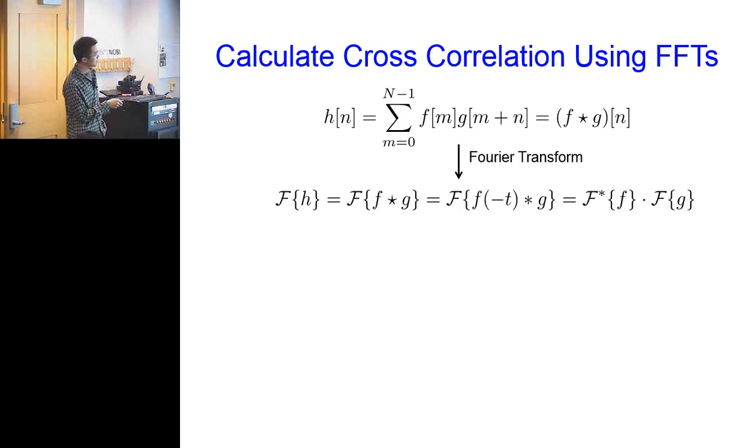So the Fourier transform of H is the Fourier transform of the convolution between F and G. The Fourier transform has a nice property: the Fourier transform of a convolution of two signals is equal to the product of the Fourier transforms of each.